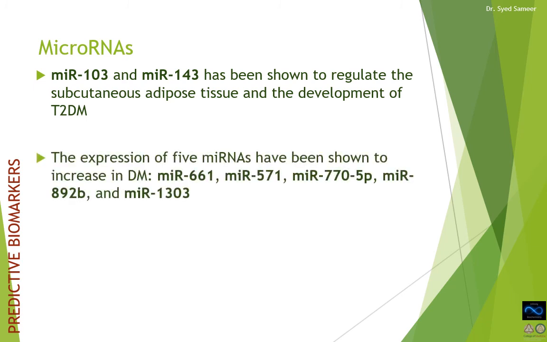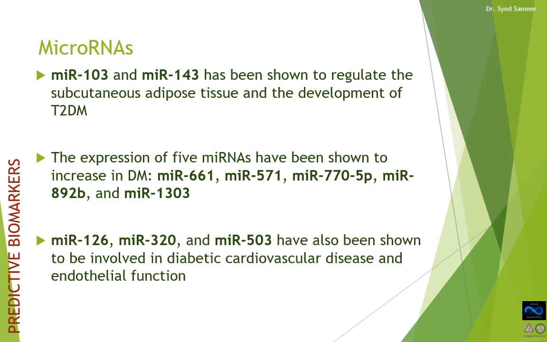Then the expression of particularly 5 different kinds of microRNAs has been shown to increase diabetes mellitus risk, so you can use these as predictive biomarkers as well, as well as MIR126, 320, and 503, which have been shown to be involved in diabetic cardiovascular disease and endothelial dysfunction.